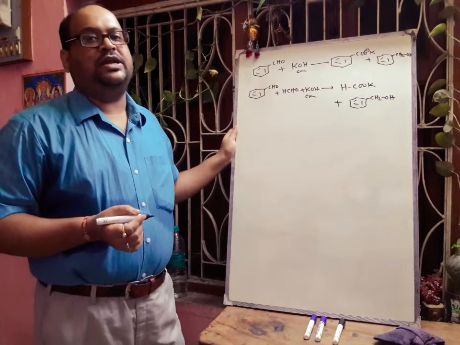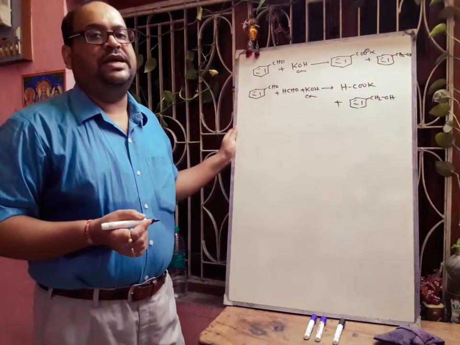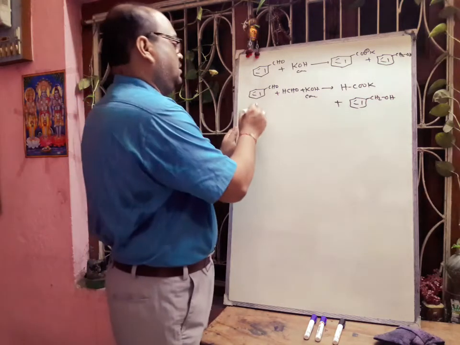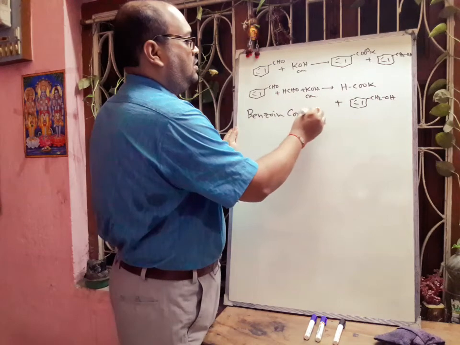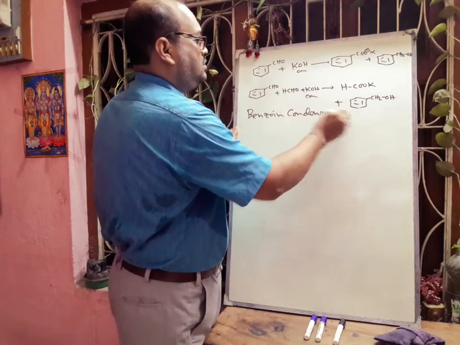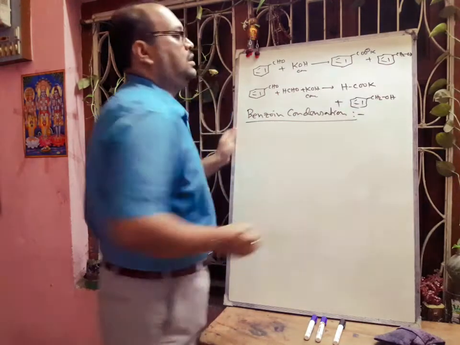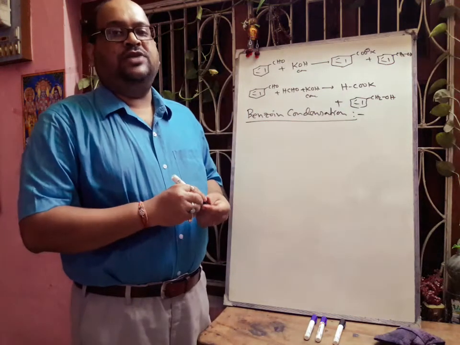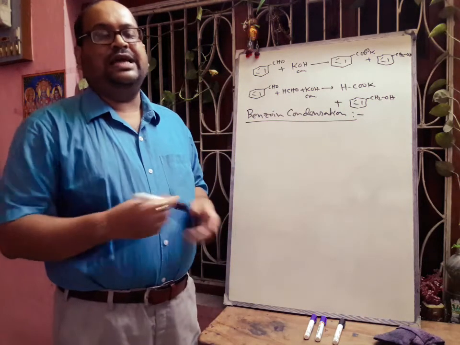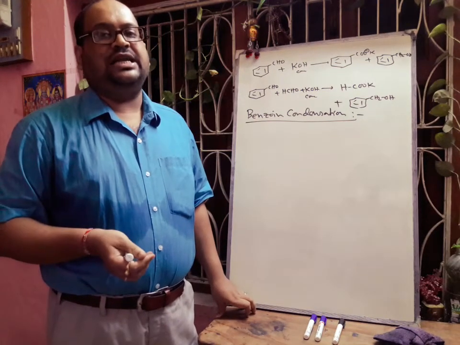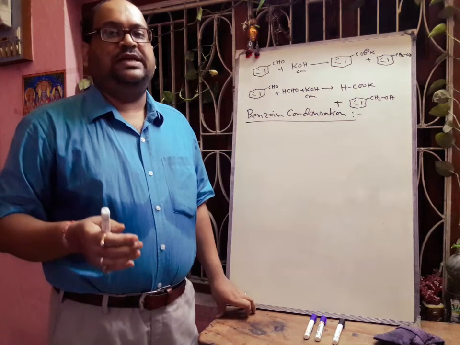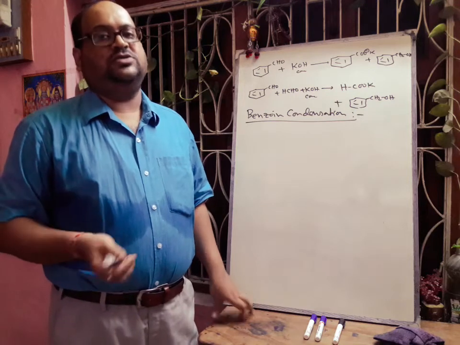Next, a very important reaction I will discuss, that is called benzoin condensation. Benzoin condensation is a reaction where we will get benzoin as a product. In presence of alcoholic potassium cyanide, two molecules of benzaldehyde condense to form benzoin.